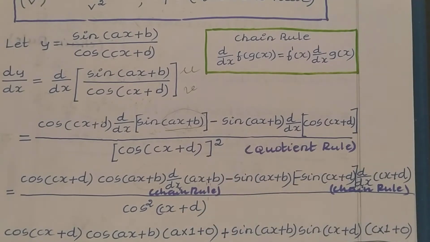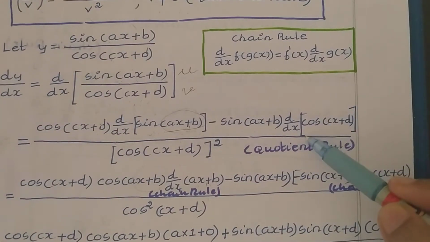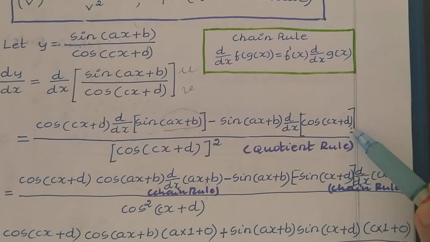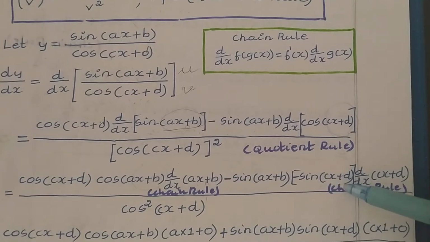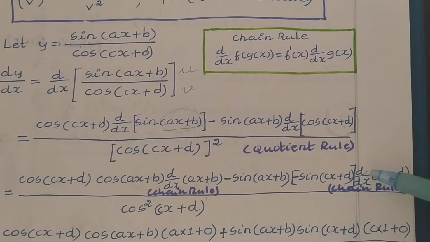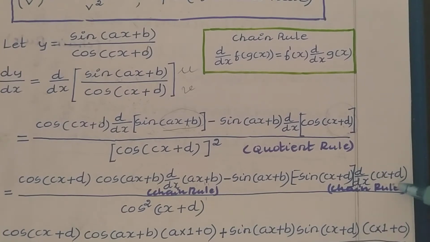Then minus sin(ax + b), then again the derivative of cos(cx + d). The derivative of cos x is minus sin x, and in the place of x we have this value, so minus sin(cx + d). Again this is a composite function, so you have to apply the chain rule and differentiate further: d/dx of (cx + d).